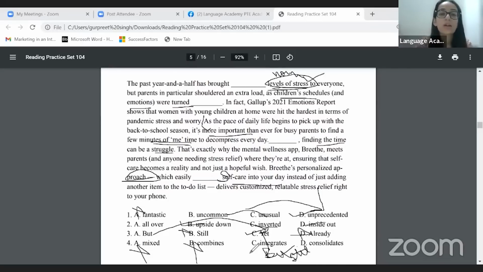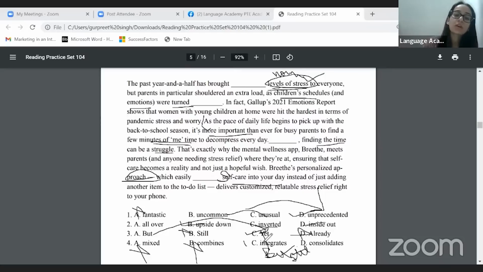And the last one, approach consolidates self-care into your day. See, consolidate is a verb that we don't use for general life like this. We use it in business context, consolidation. Or we use it when you are taking so many things and combining them into one thing. That's also when we use consolidate, bringing various aspects and joining them to form one aspect. That is consolidation.